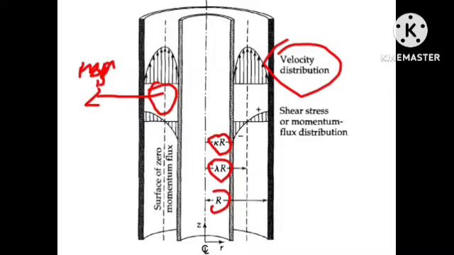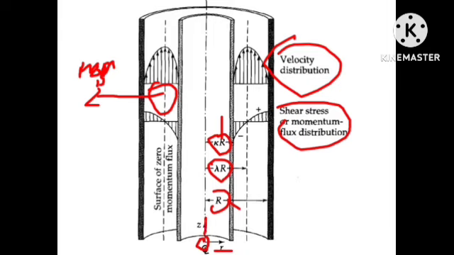This we call the velocity distribution, and this we call the shear stress of momentum and the flux distribution. See, in the flux, it is given as KR. This is for the inner radius, this is for the outer radius, and this is z for the origin point. This is r, and this is the z direction, as we already said.